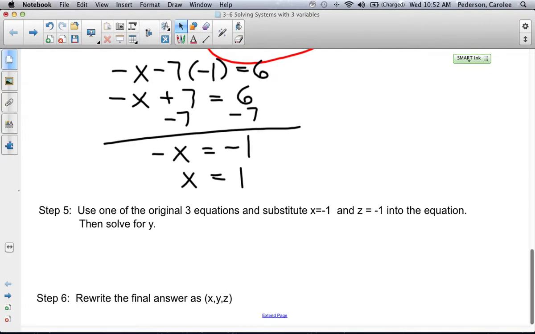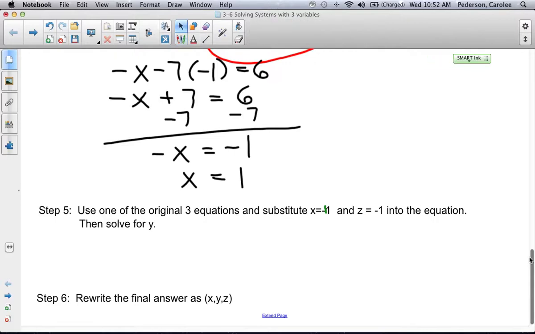Step 5 says, use one of the original 3 equations, so those original red, blue, and green equations, substitute x in for 1, z in for negative 1, and solve for y. So I'm just going to use the top equation.